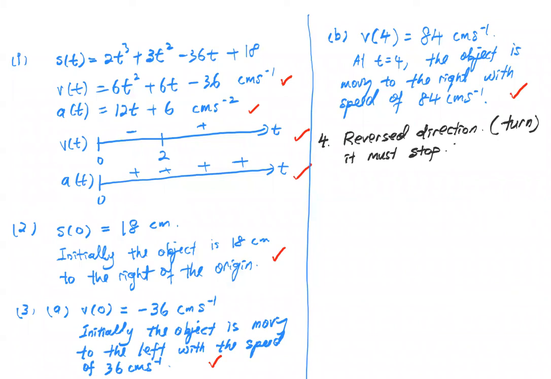So stop means Vt equal to 0. So I say from A, do I need to calculate again? No need. I will say from A, t equal to 2. Correct? Then I look for position S2. What do you get? Negative 26 cm. Done. And you get 2 marks.